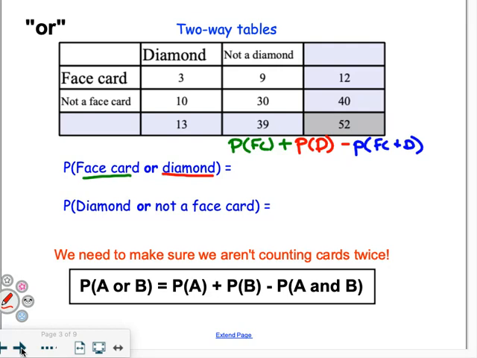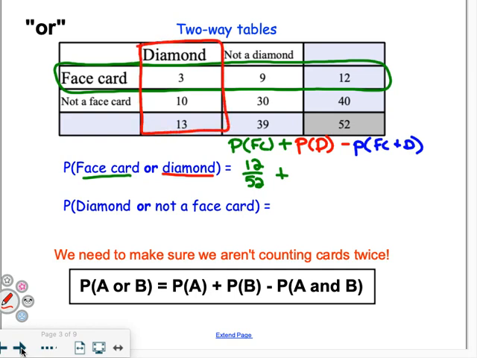We're going to start with total face cards. Face cards total would be 12 out of 52. Diamonds total would be 13 out of 52.